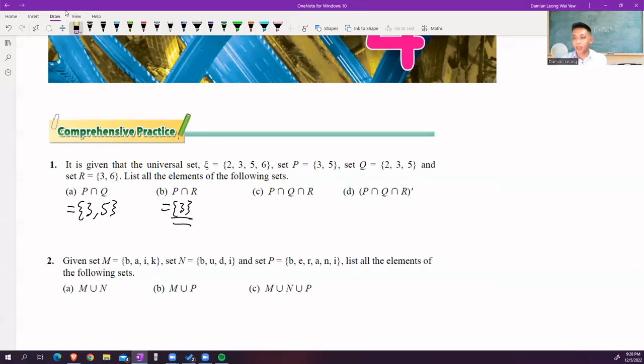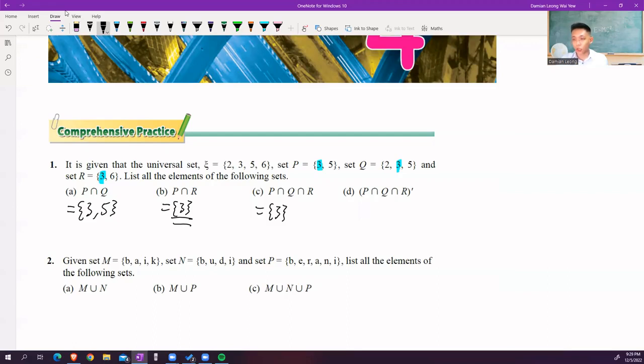Then P intersect Q intersect R. Which element do all three of them have in common? It is also the 3. All three of the sets have 3. So it's 3. Then the bracket P intersect Q intersect R complement means everything except the intersection.